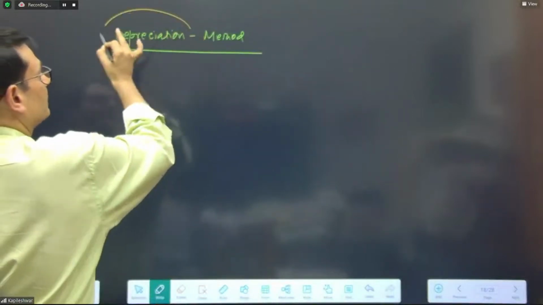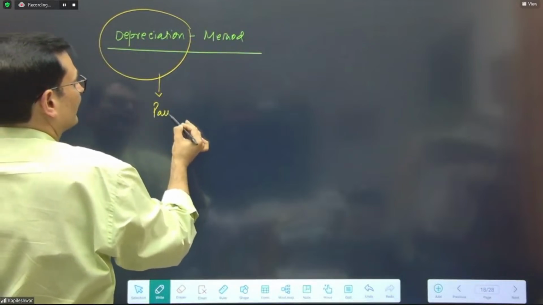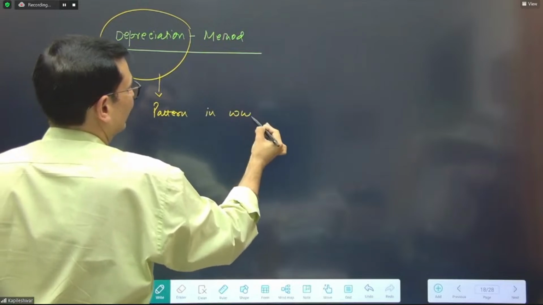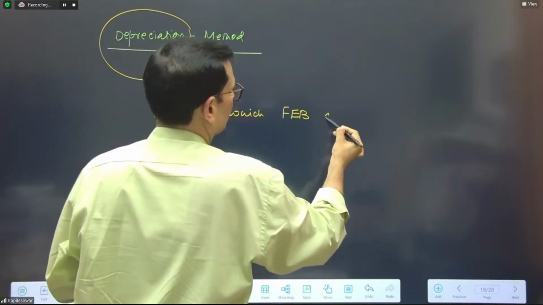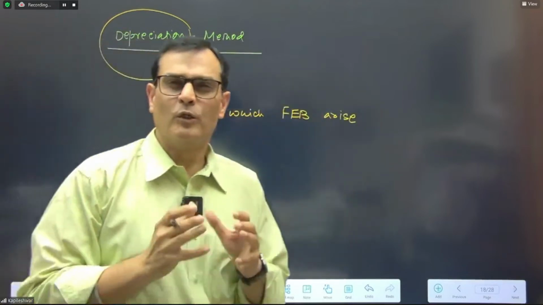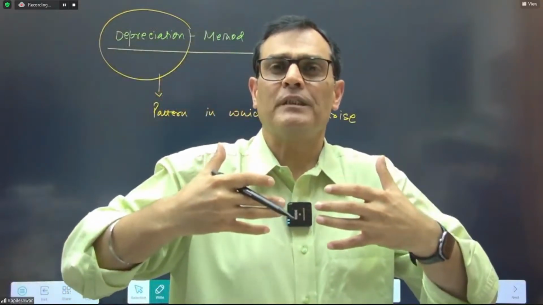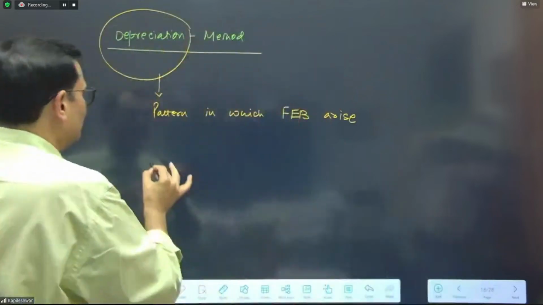Can I say a company will charge a depreciation based on the pattern in which economic benefits arise? The pattern in which future economic benefits would arise. When you look at a depreciation, we consider that the machine is going to give you benefits in what form over a period of time?